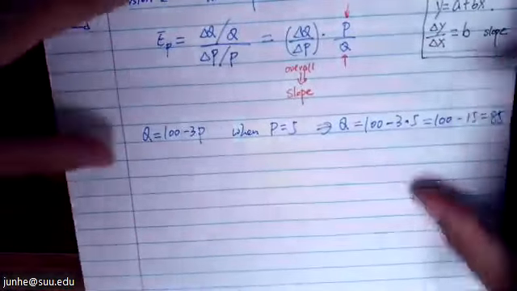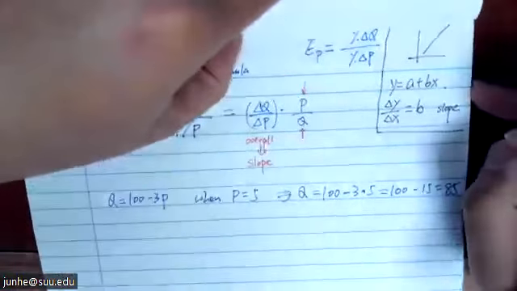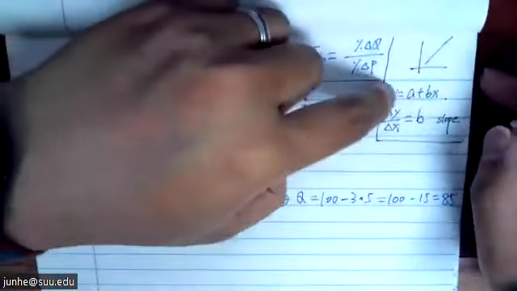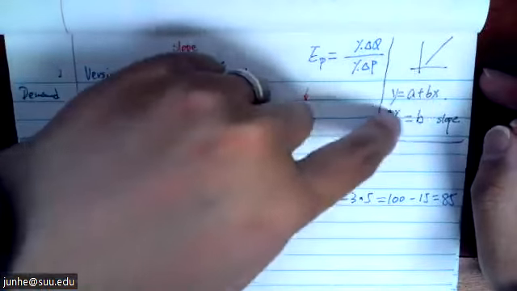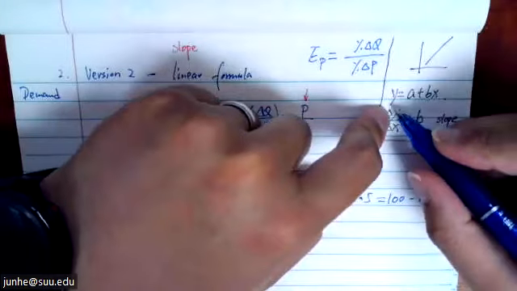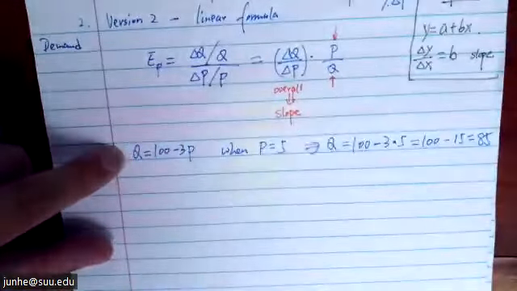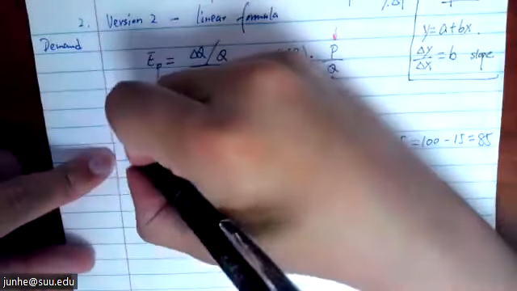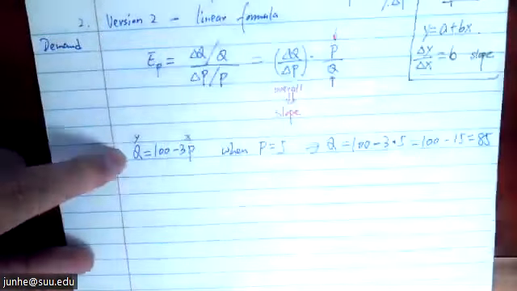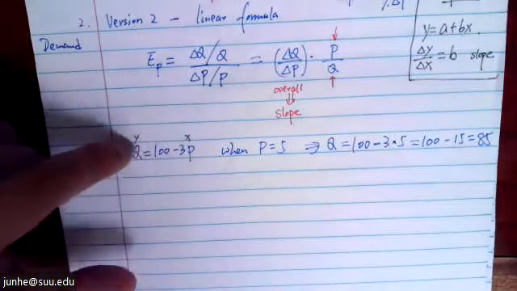Let's refer to something that you're familiar with. Here, y equals a plus bx, then its slope, which is b, is expressed as delta y over delta x. If you're ever confused, just side note this. Here it is as if it's y equals 100 minus 3 times x, right?